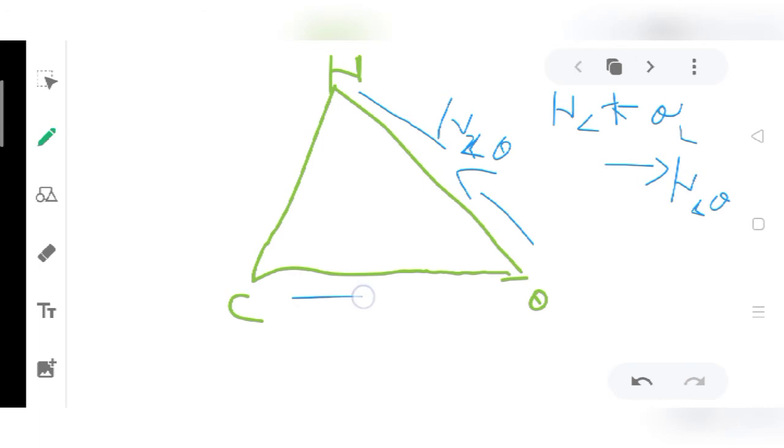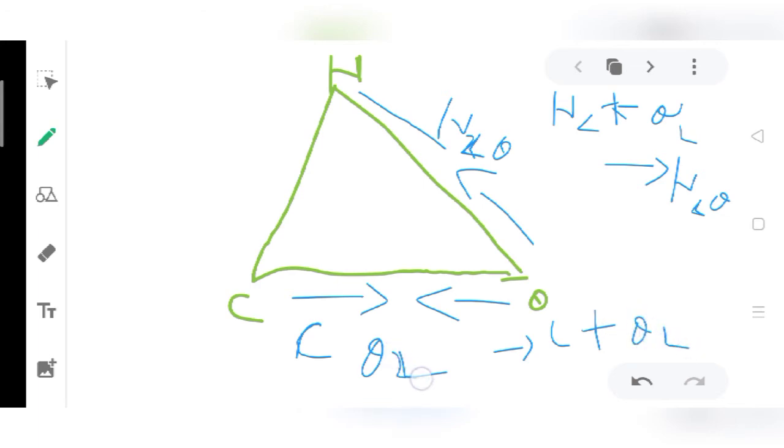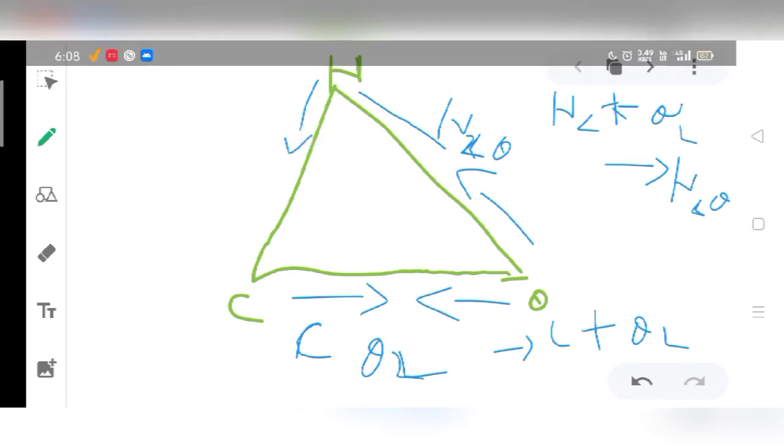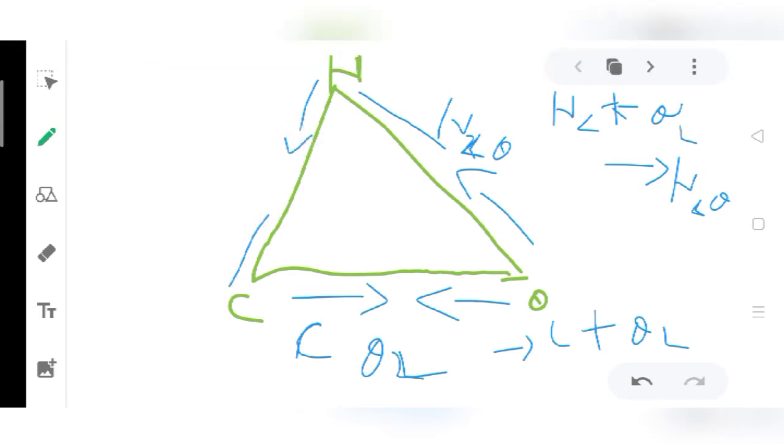In the same way, if oxygen and carbon combine, it forms CO2, as C plus O2 forms CO2. And the last is hydrogen and carbon atom.